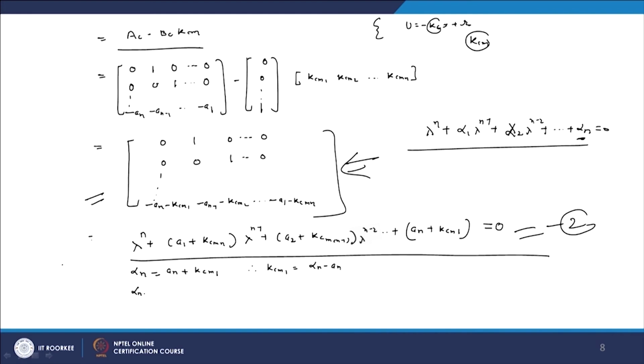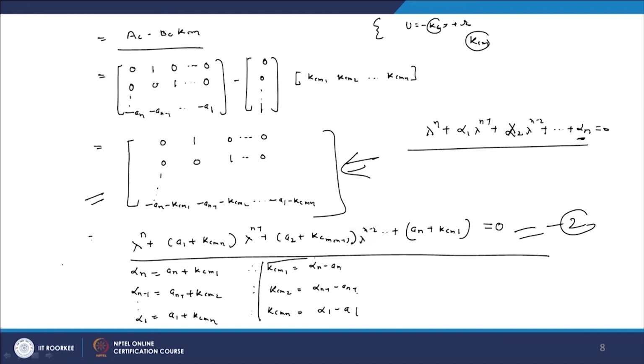Similarly, alpha n minus 1 corresponds to a of n minus 1 plus KCM2, so KCM2 equals alpha n minus 1 minus a of n minus 1, and this process repeats. Finally, alpha 1 equals a1 plus KCMn, therefore KCMn equals alpha 1 minus a1.